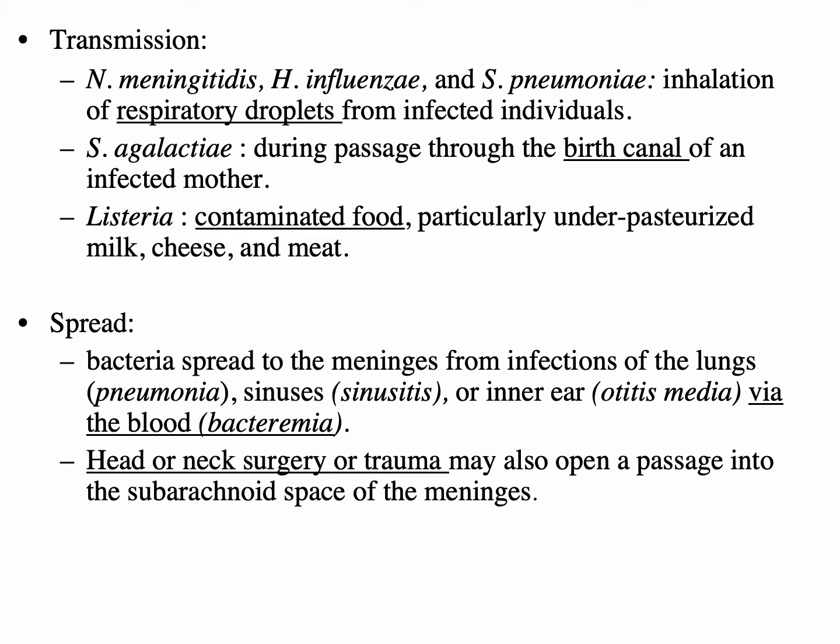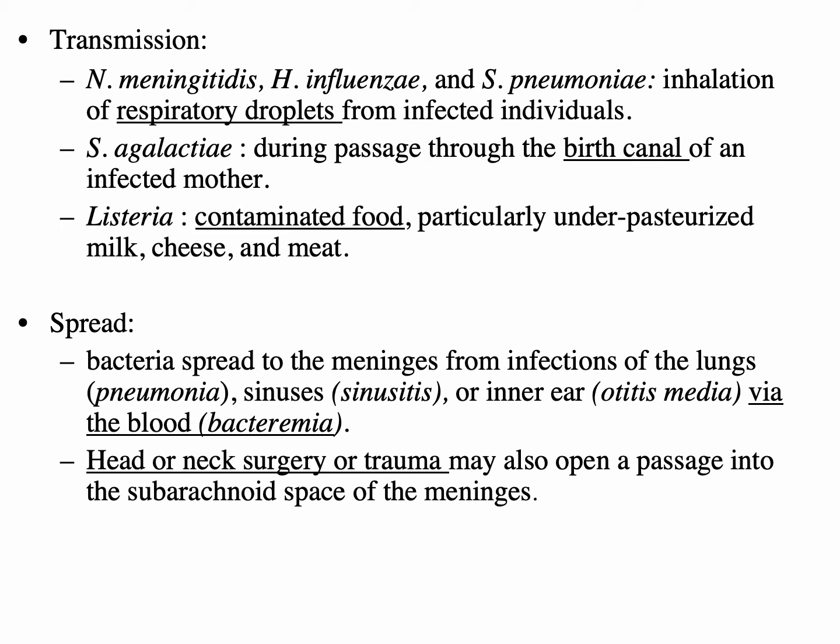So transmission, this is talking about how we come in contact. Neisseria, Haemophilus, Streptococcus pneumoniae is through inhalation of respiratory droplets, because these organisms are typically found in the throat area. If they colonize a person, they will be found in the throat area.